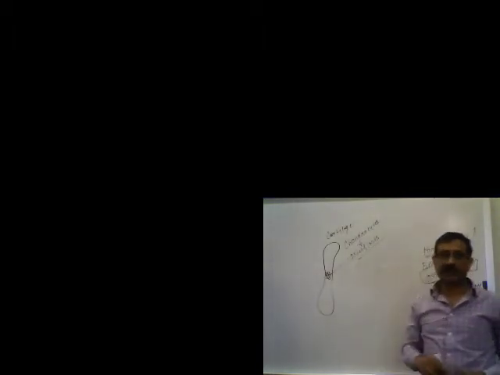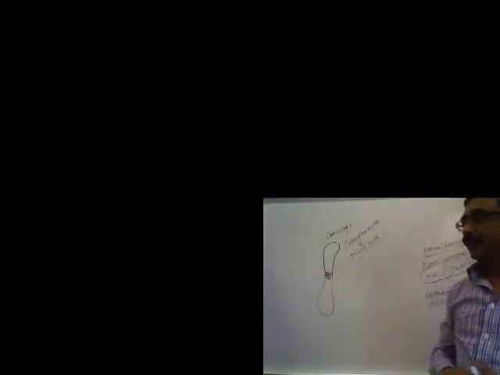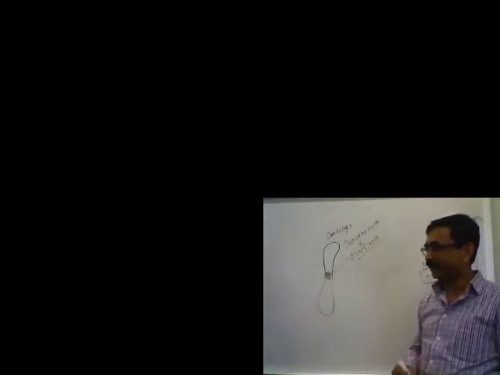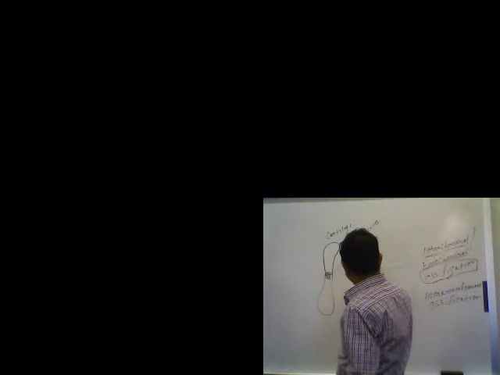So chondrocytes become osteoblasts. Osteoblasts will become osteocytes because osteoblasts are young cells, right? First will form osteoblasts, then will become osteocytes. Okay, so then these young cells will become what? Osteocytes.